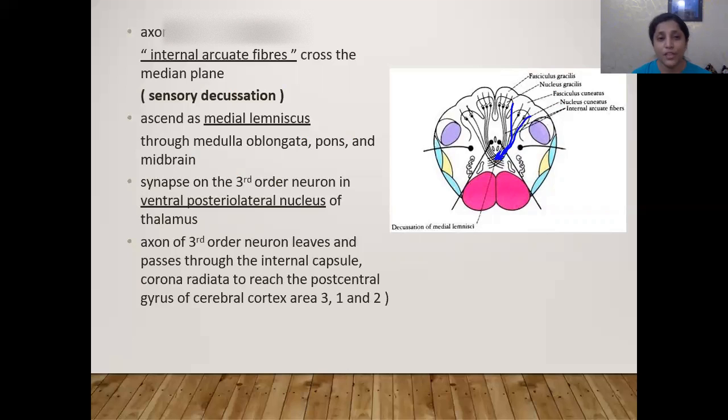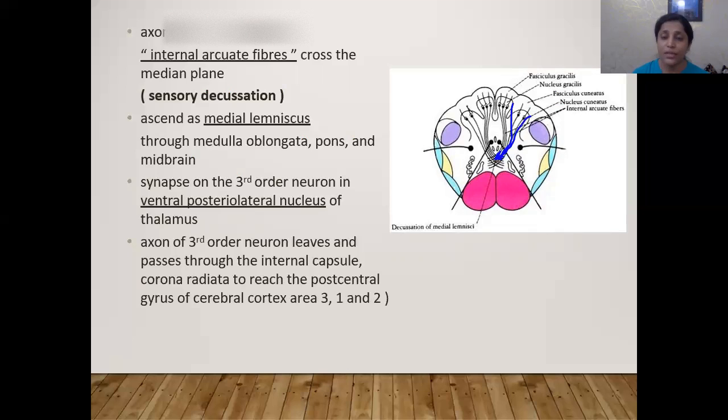Now we see beautifully how this medial lemniscus passes from the medulla oblongata to the pons and to the midbrain, so it is basically ascending in the brain stem. And here in the thalamus, we know the thalamus is a rich collection of gray matter, nerve cell bodies.